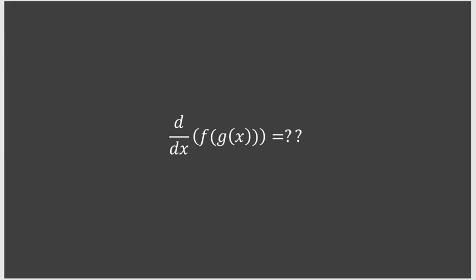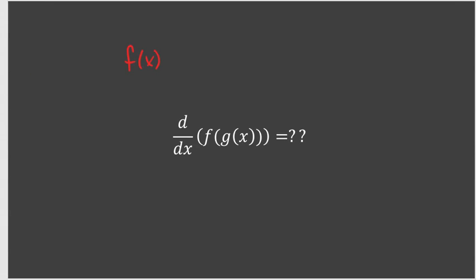So first of all, just a quick little recap. If I take two functions, f of x and g of x, so one function f and another function g, I can take the composition of these two functions to get f circle g of x, or f of g of x.